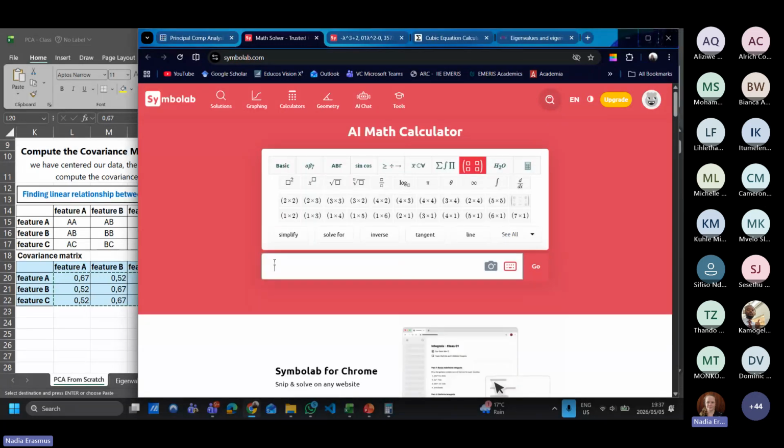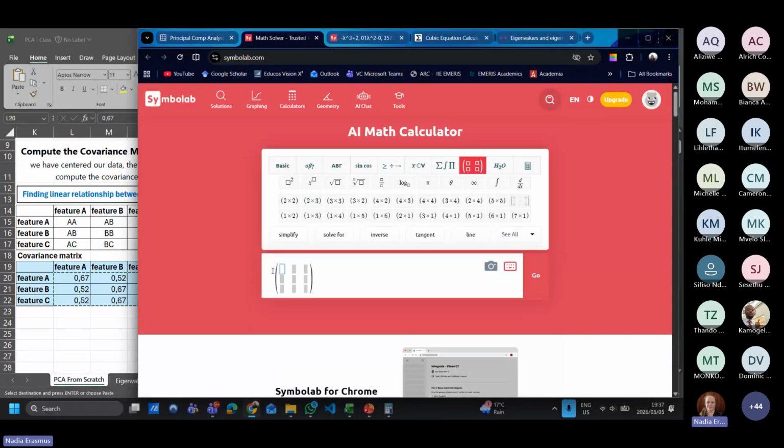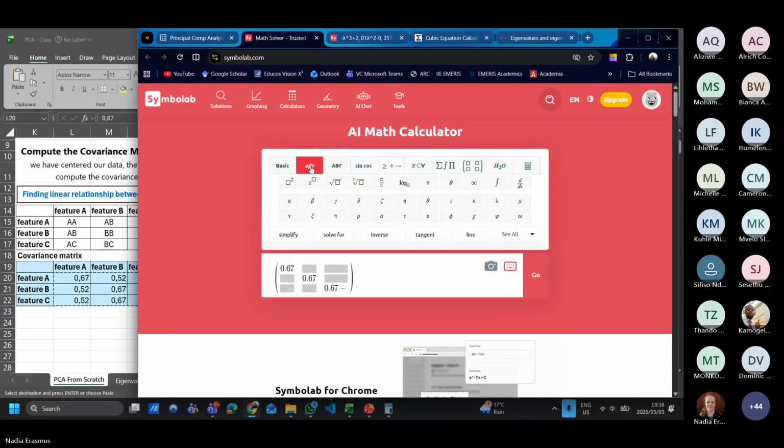You can use your matrix. It's a 3 by 3 matrix with 0.67, 0.67, 0.67, and it's minus lambda in this case. So minus, where is the lambda? There we go. So you can actually put it in here as well, which is very nice.